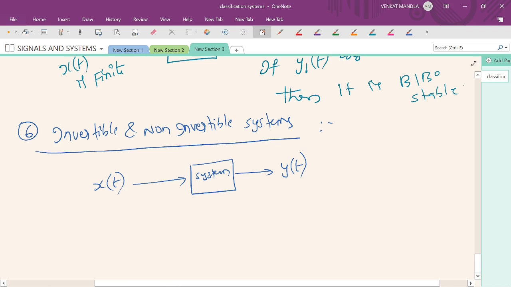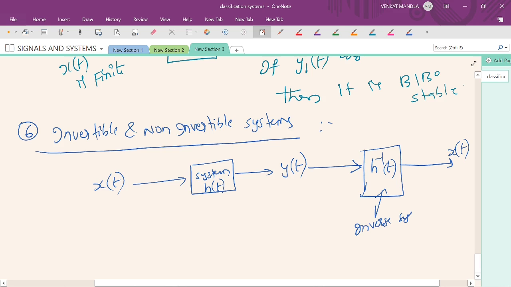If I get this x of t from this y of t, I apply this output to some other system, then I got x of t. If the system is h of t, I will apply this to some h inverse of t. Then I get x of t as output. This is called the inverse system of h of t.